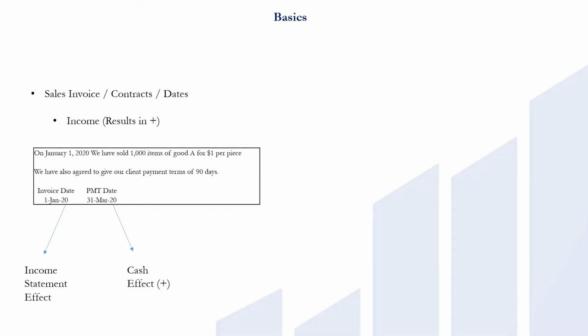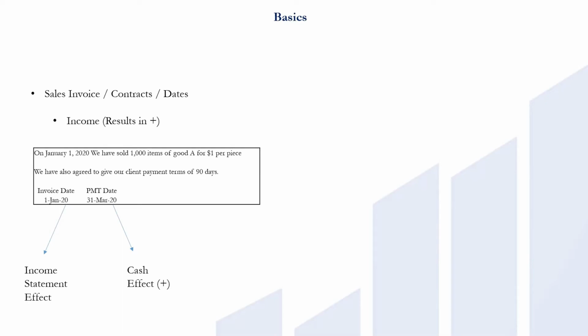If we have a store and we manage to sell 1,000 items of good A for $1 per piece, and we have also agreed to give the client that has bought those items a payment term of 90 days. So basically, if today is January 1st, today we have sold, but today we did not earn any cash.